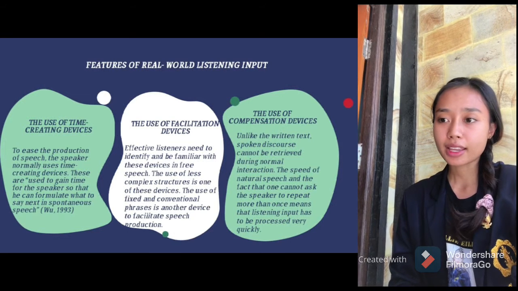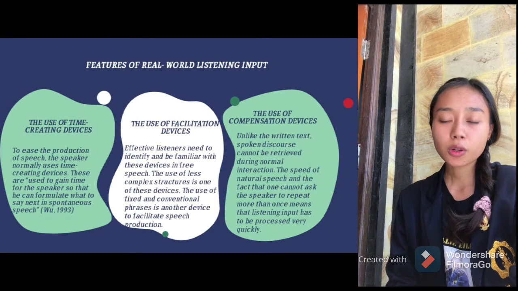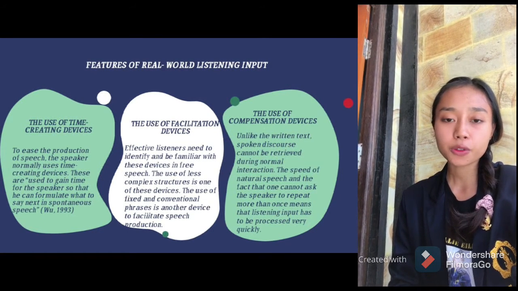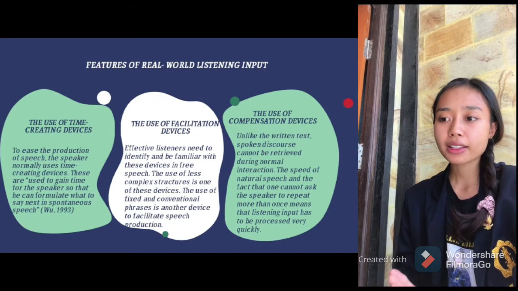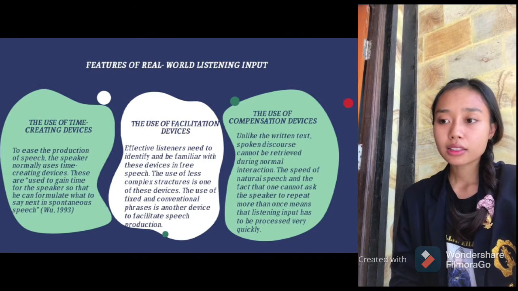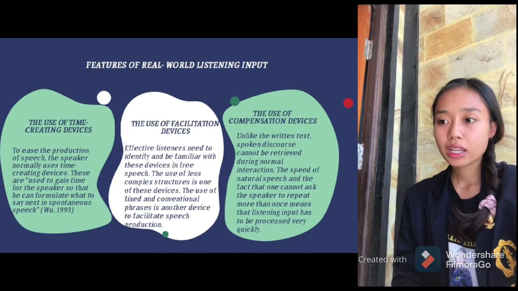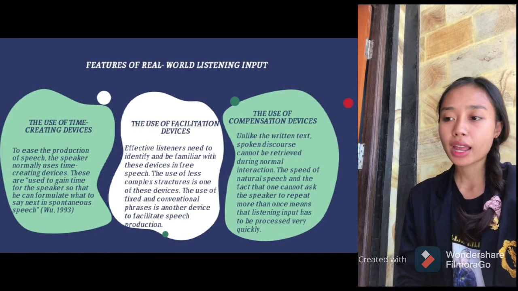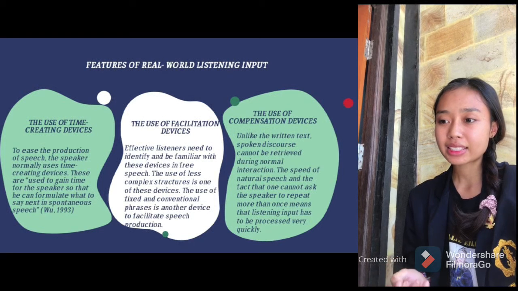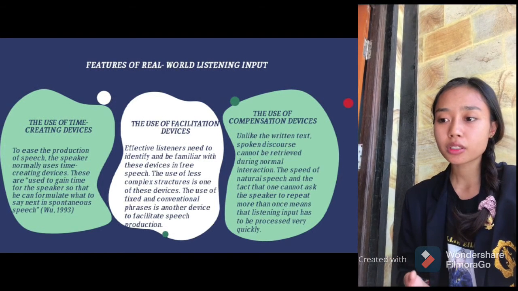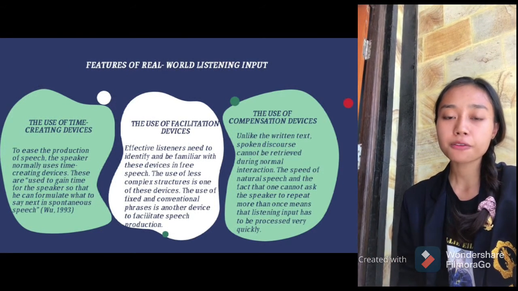Unlike the written text, spoken discourse cannot be retrieved during normal interaction. So the speed of natural speech and the fact that one cannot ask the speaker to repeat more than once means that listening input has to be processed very quickly.